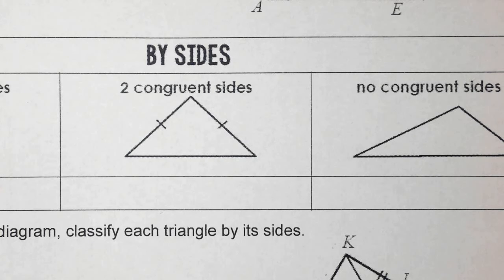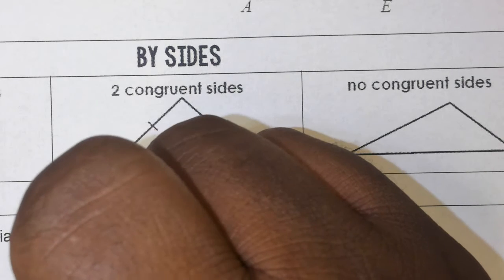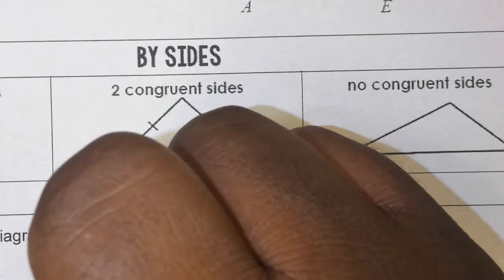Watch when I give you the letter, everybody gonna know it. This is what's disappointing about it. Y'all have already learned this. Start with an I. Isosceles triangle.